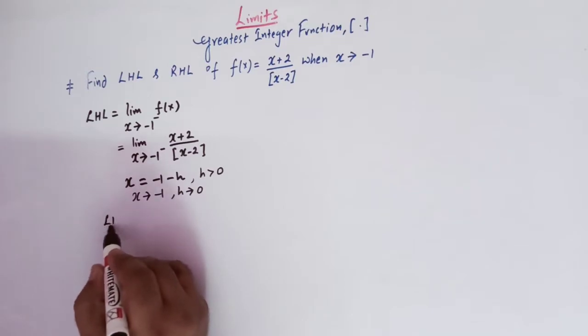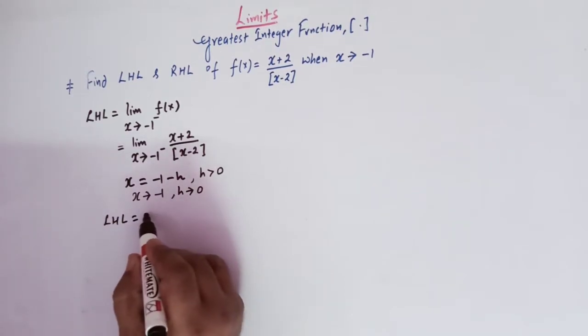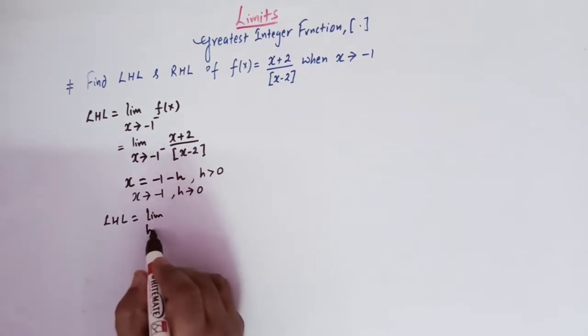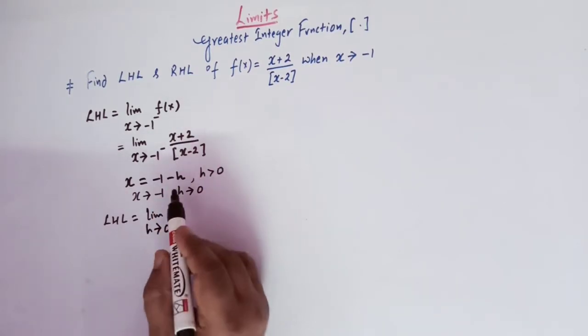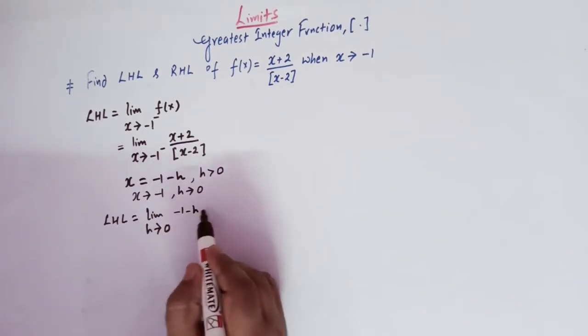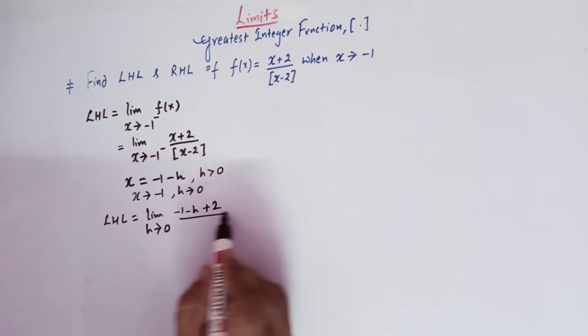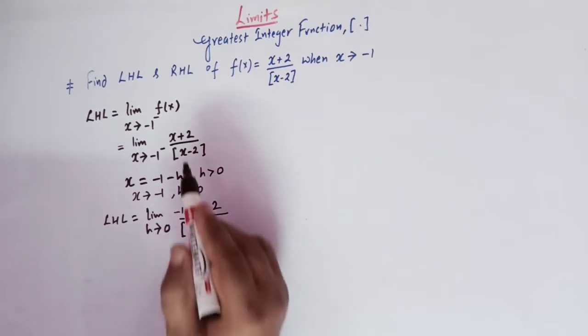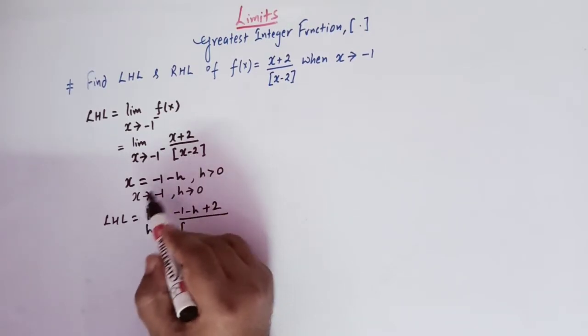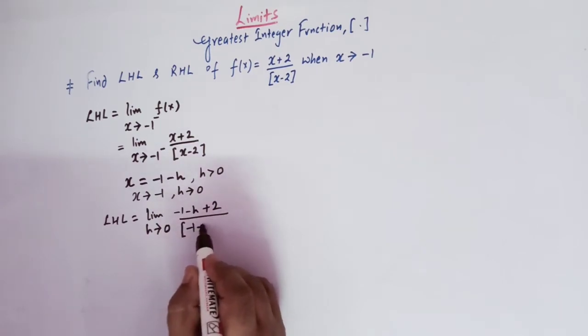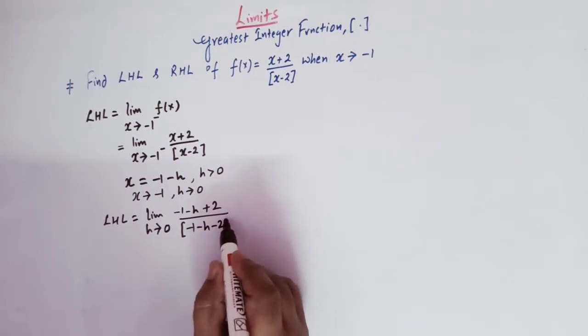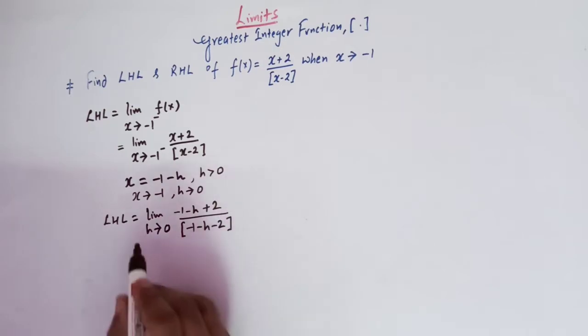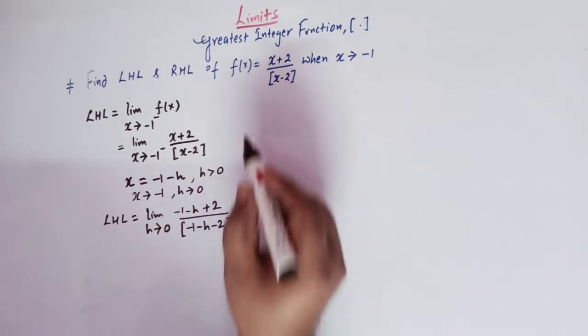So we'll have the left hand limit as the limit h tends to 0, and for x we can write (minus 1 minus h plus 2) divided by greatest integer of (x minus 2). For x we can write minus 1 minus h minus 2. Now we can simplify this expression.